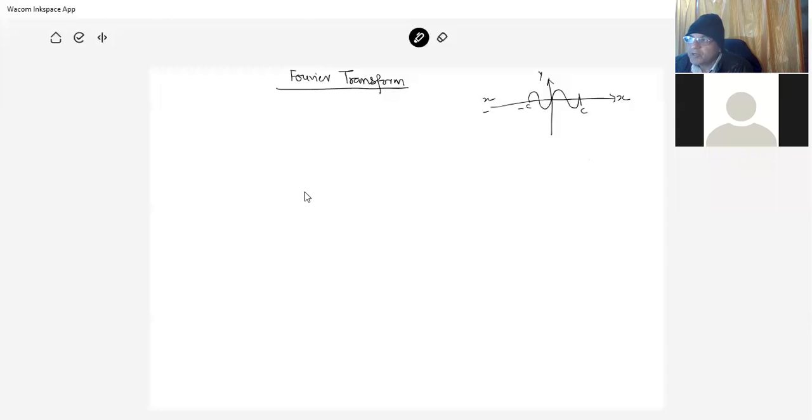Fourier transform can be obtained from Fourier series.